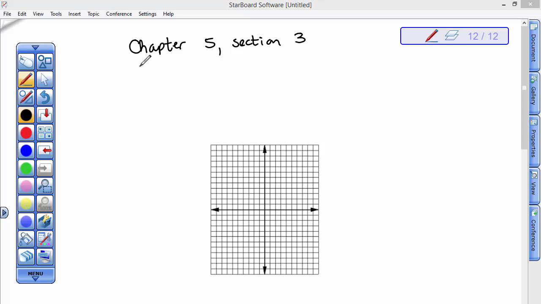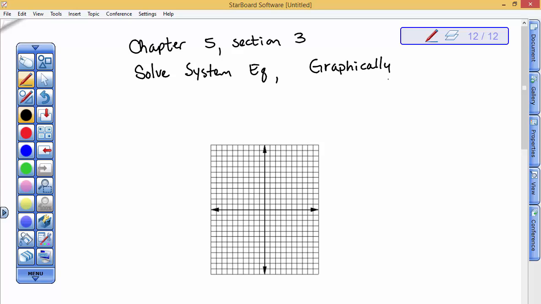Chapter 5, Section 3 is about solving a system of equations graphically. The document that I've prepared has a few hiccups, and I'm trying to produce videos on a regular basis, so I've decided to work through this particular section by just copying and pasting a rectangular coordinate system in for every problem.